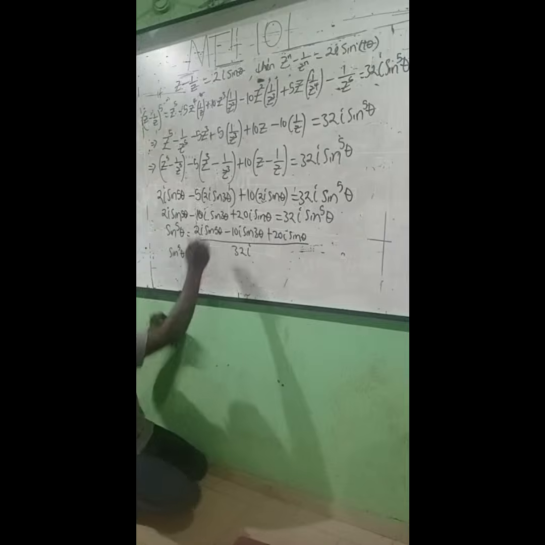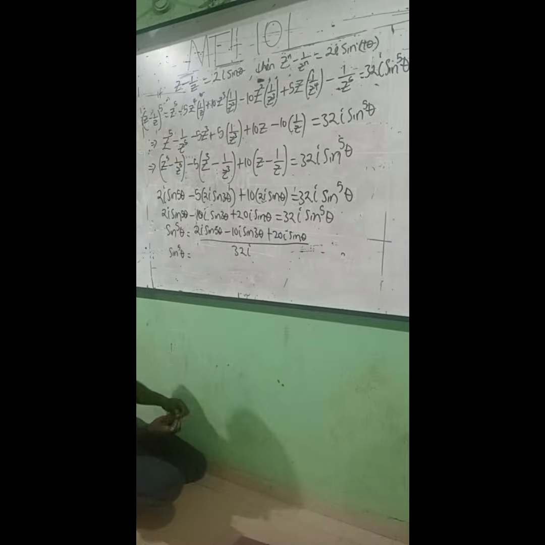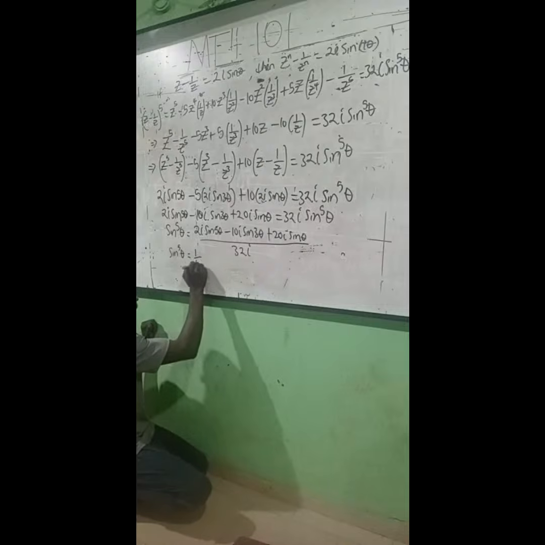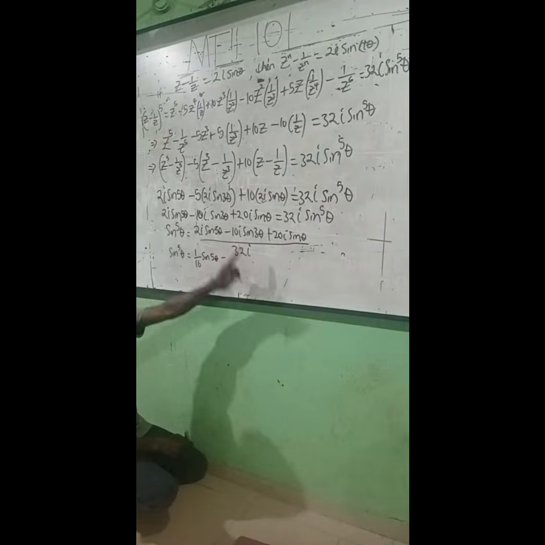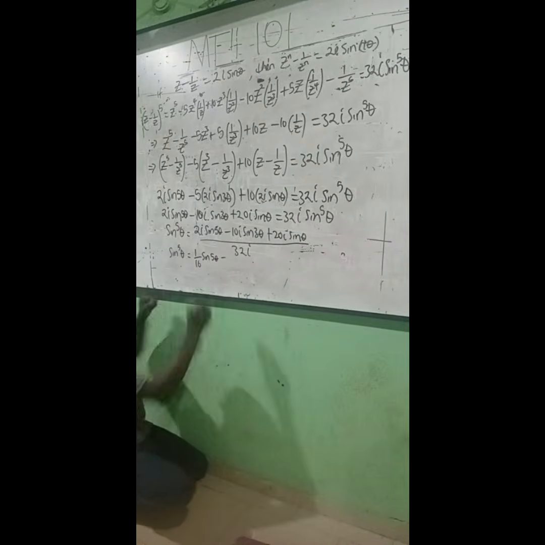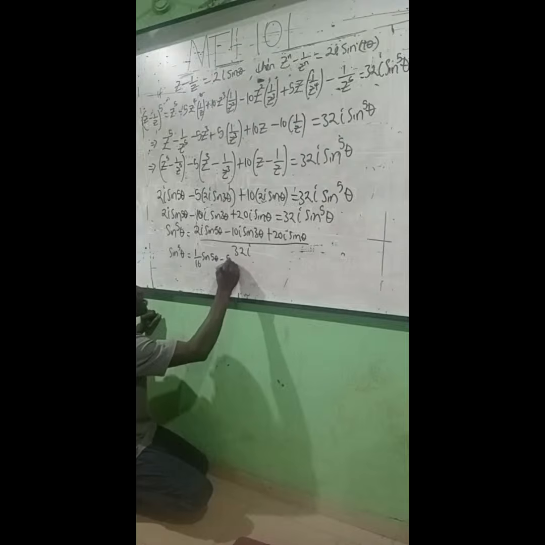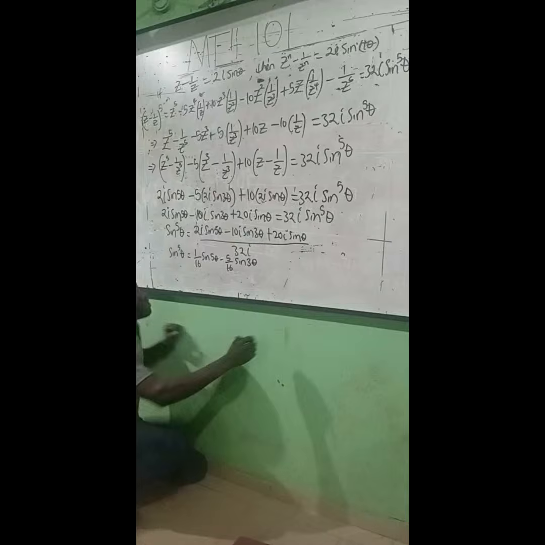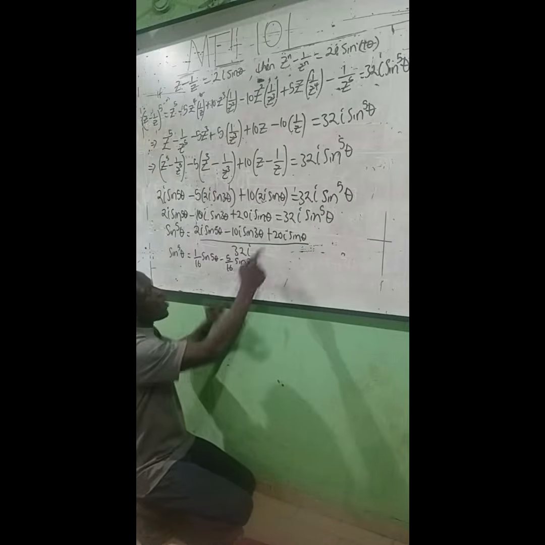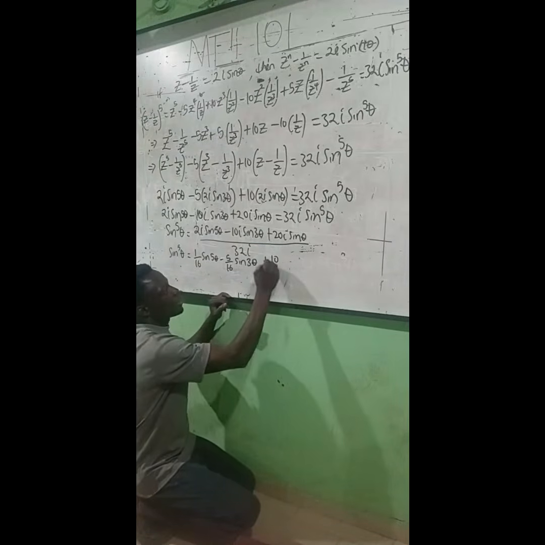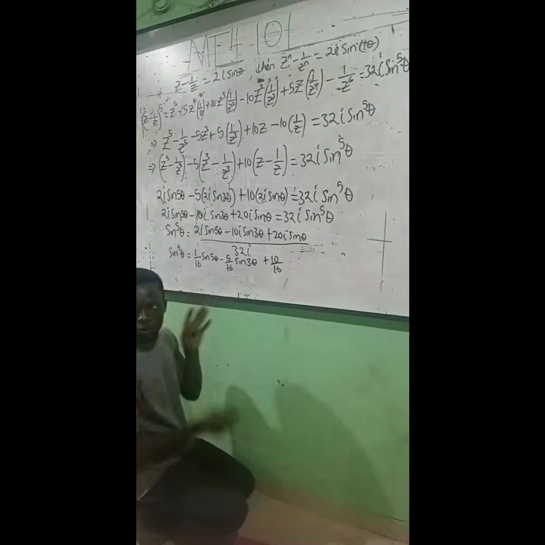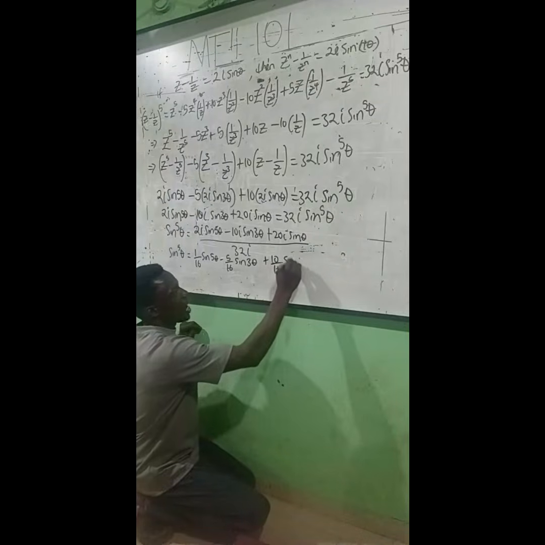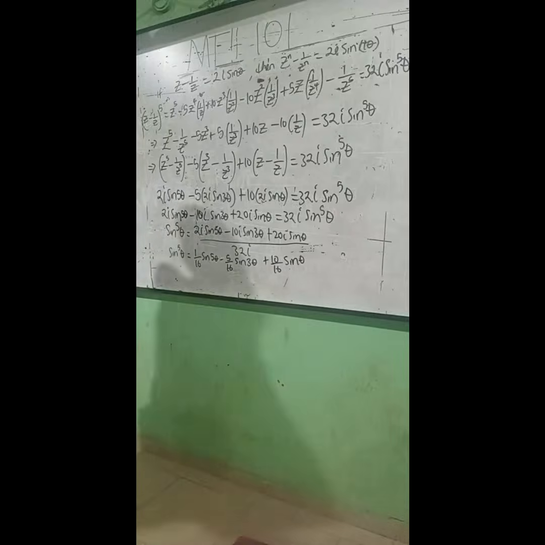So 2i sine 5 theta divided by 32i: i cancels i, you have 2 over 32, sine 5 theta, minus 10i over 32i. That's 10 over 32, which is 5 over 16, sine 3 theta, right? 20 over 32, i cancels i, that's 10 over 16. Are we together? Is it clear?